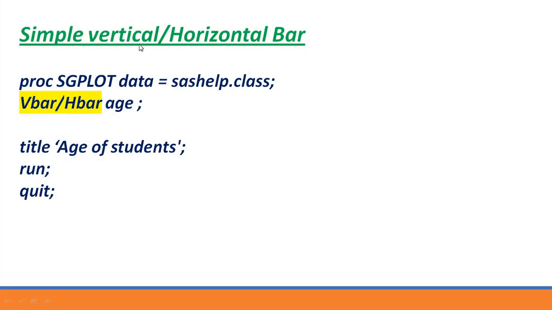So this is about creating a simple vertical or horizontal bar chart, and if we want to add a title to the bar chart, then we can use a title statement, and whatever title we mention in the title statement will come in the bar chart.